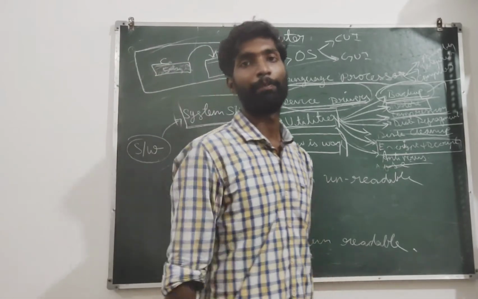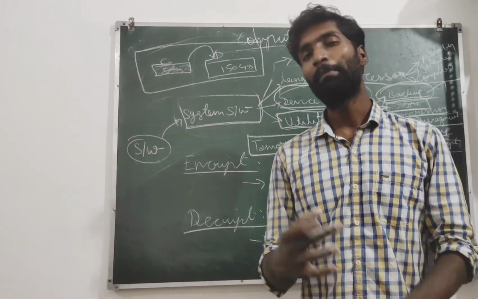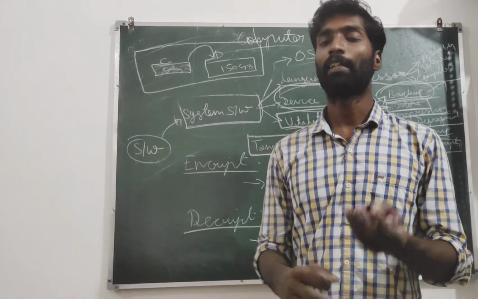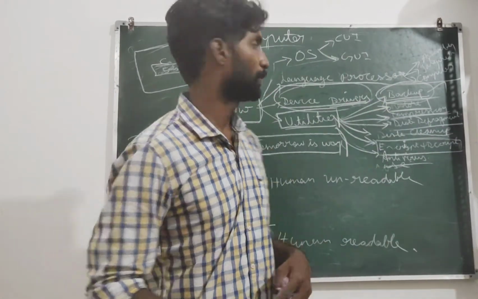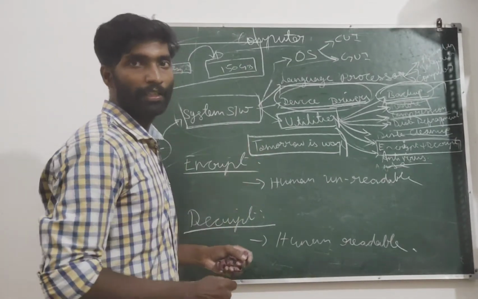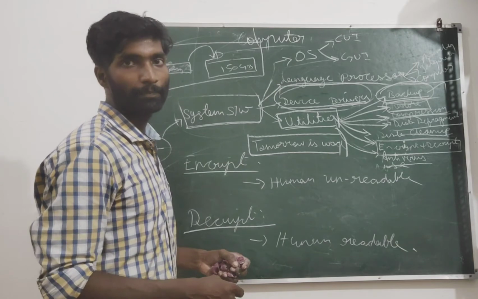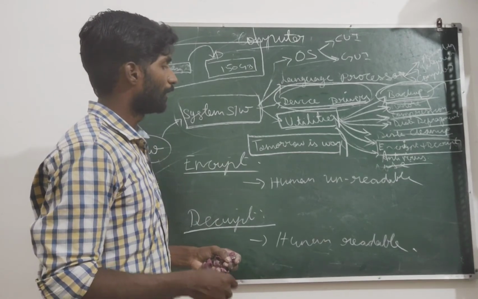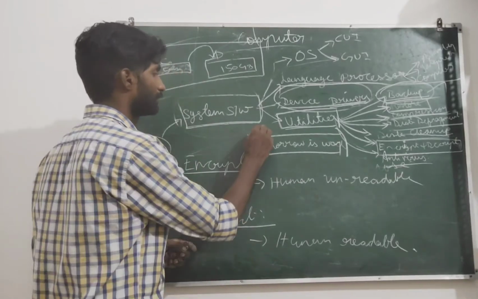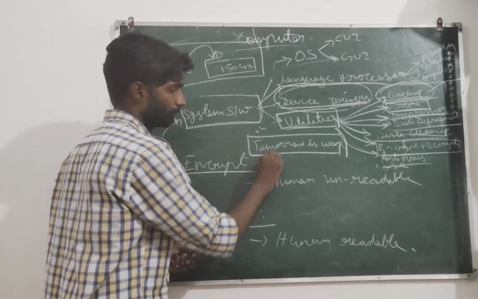Sir, how will they encrypt? There are so many procedures, so many ways to encrypt, in a computer or the human way also. For example, the first letter is T. After T what will come? U, so T, U, V, two letters.